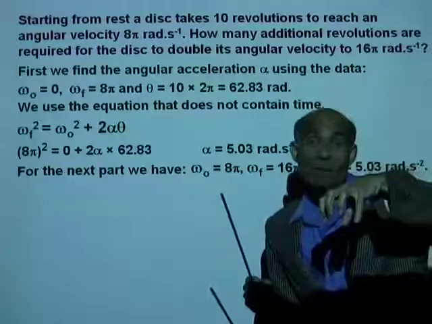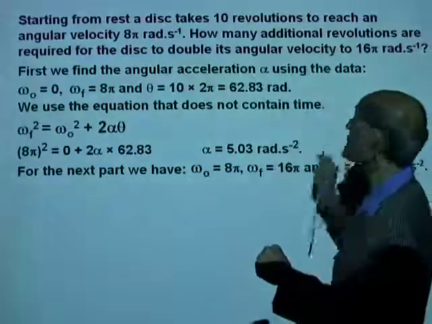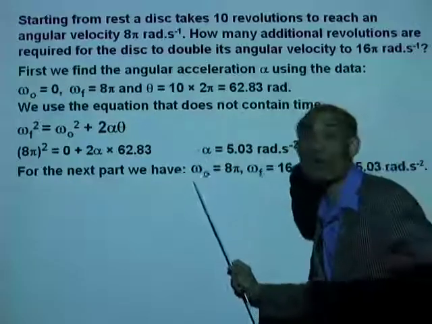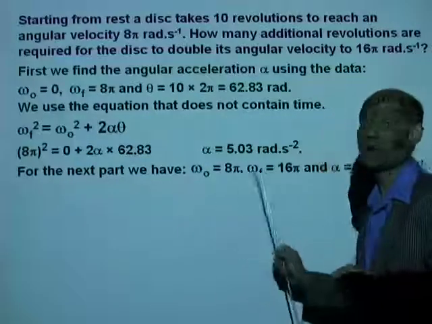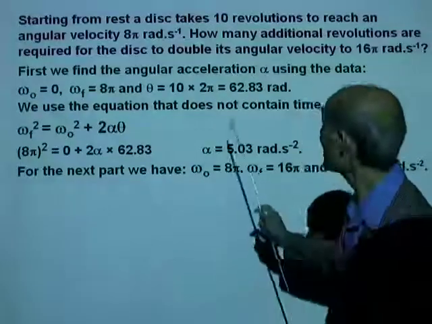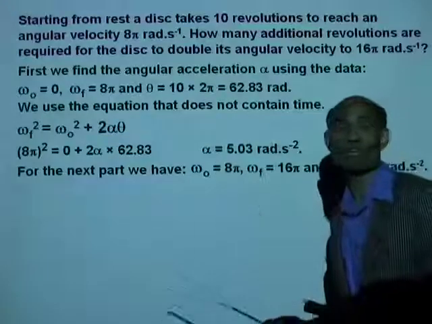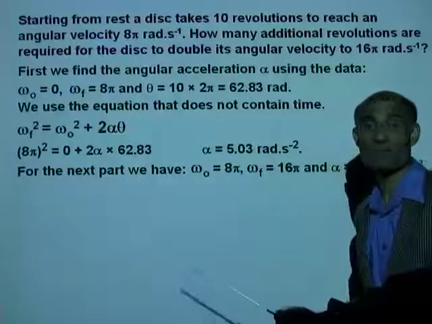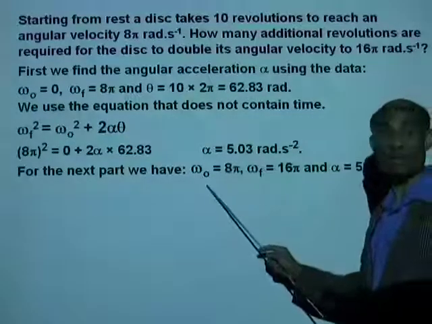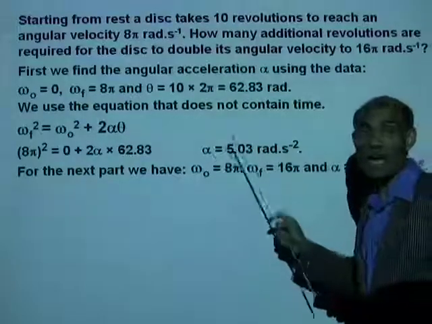Now from 8 pi, its angular velocity is going to increase to 16 pi. So we will say omega 0 is 8 pi, omega f is 16 pi, and angular acceleration is 5.03 radian per second squared.